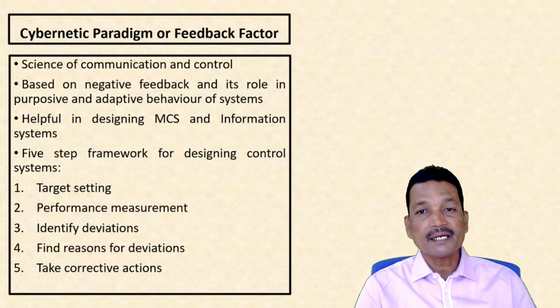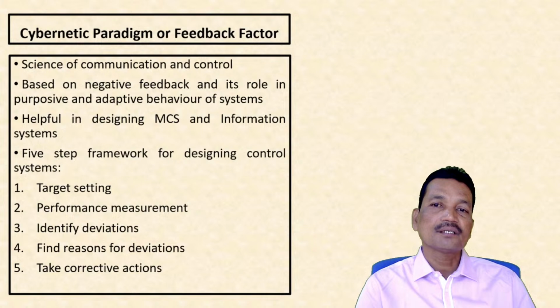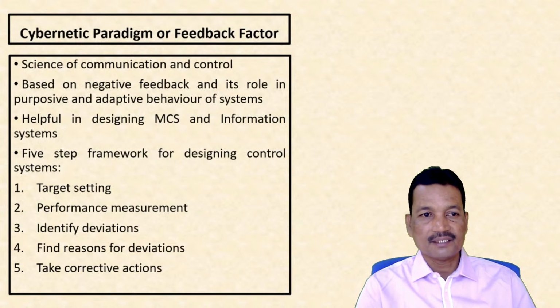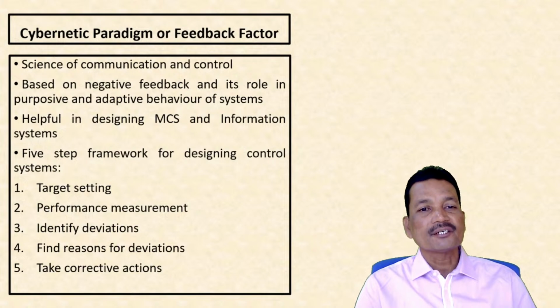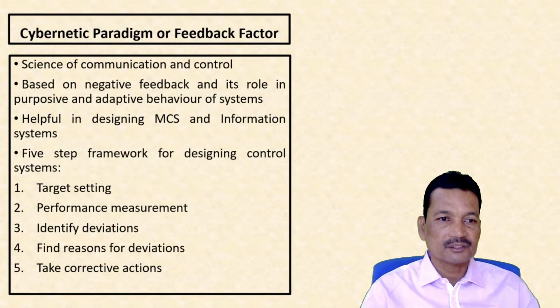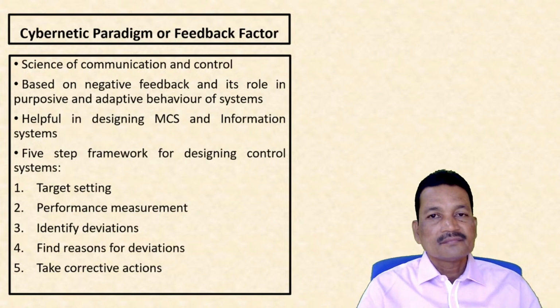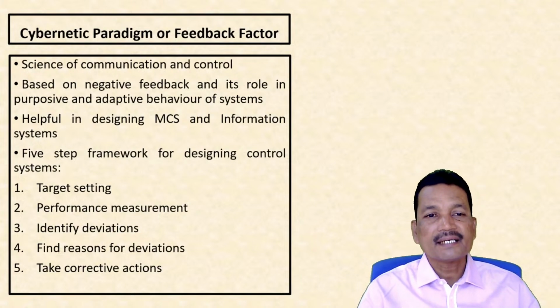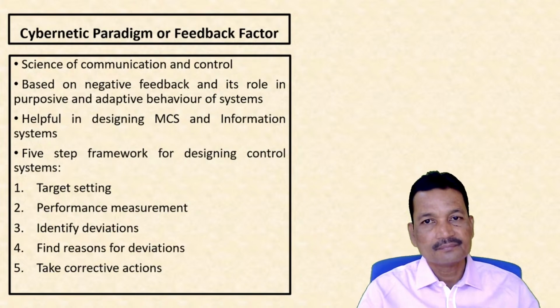We have to keep in mind all these things should be directed towards the goal of the organization. It is based on negative feedback and its role in purposive and adaptive behavior of systems. Now, when does negative feedback occur?